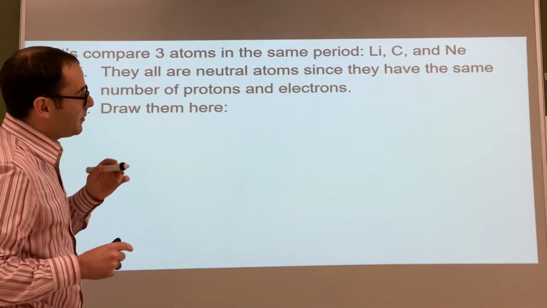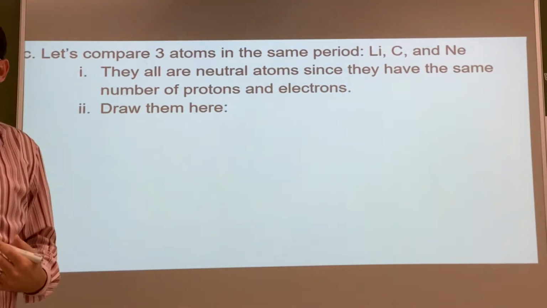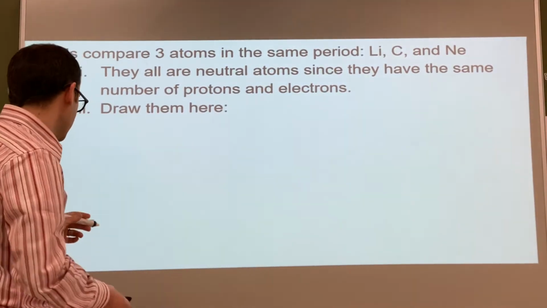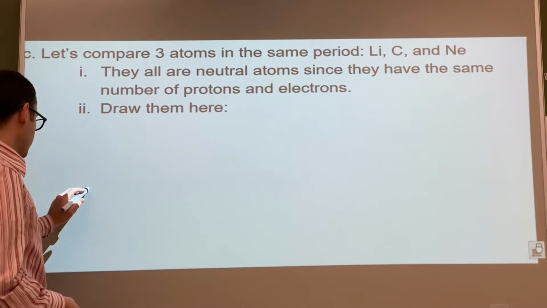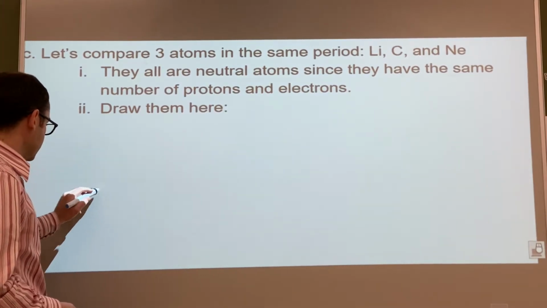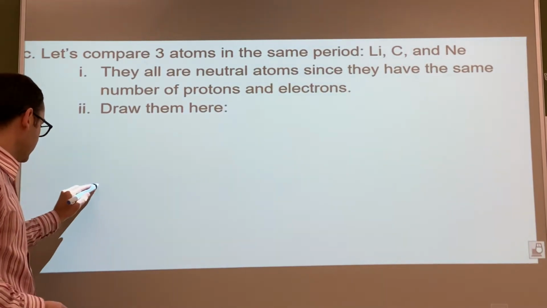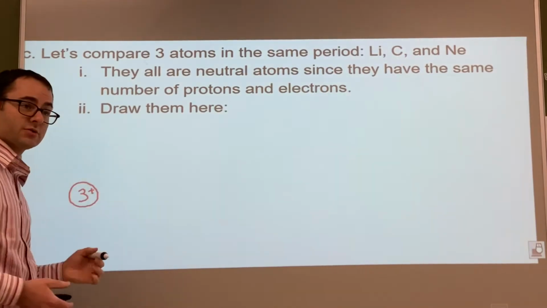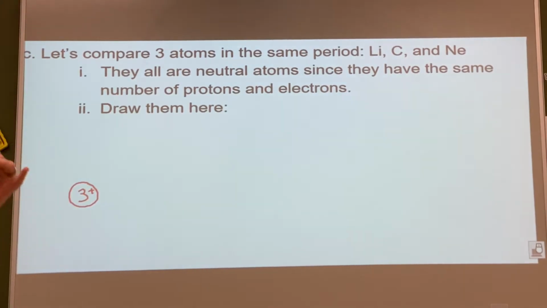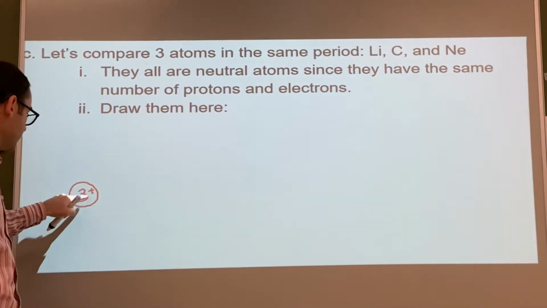Lithium, how many protons does it have in its nucleus? It has 3, right? You look on there, you see it's the third one. So it has 3 protons in its nucleus. So I'm going to just write 3 plus, because that's the representation of the nucleus right there, that it has 3 protons. And we can say that its nuclear charge is +3, right? Because there's 3 protons. Does that make sense? Nuclear charge +3.